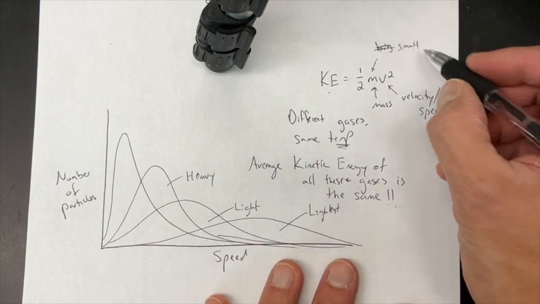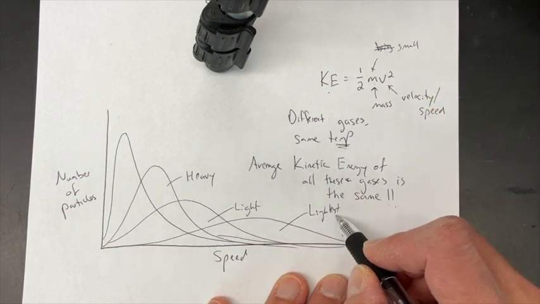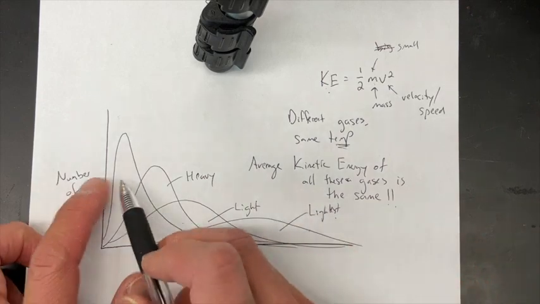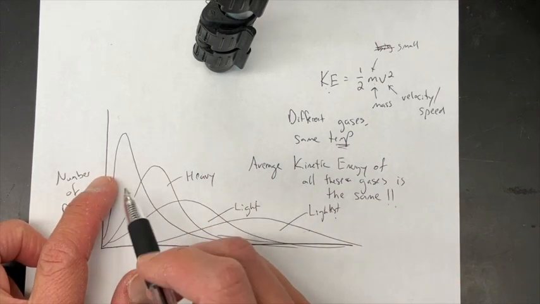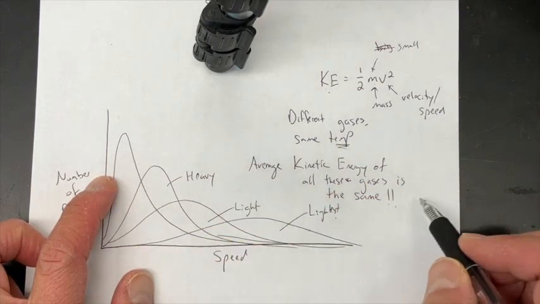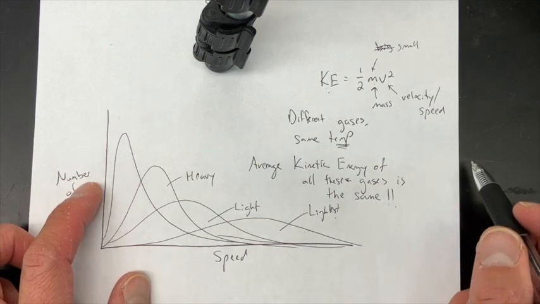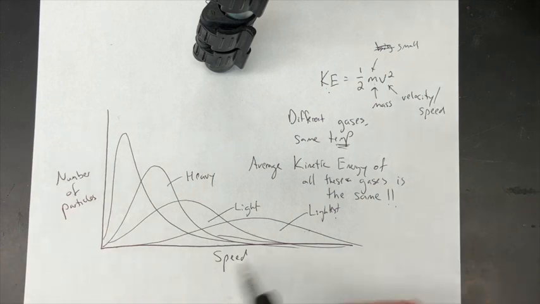So small particles move faster. That's why the distribution is like this. Heavy particles move really slow, but they all have the same average kinetic energy because they are at the same temperature. So that's really important in understanding these types of problems.